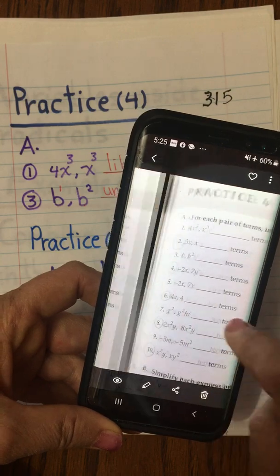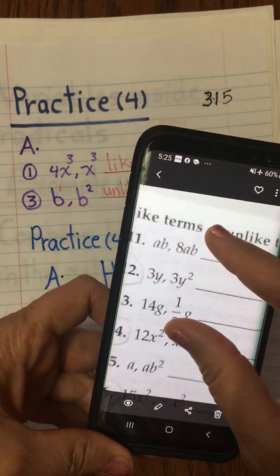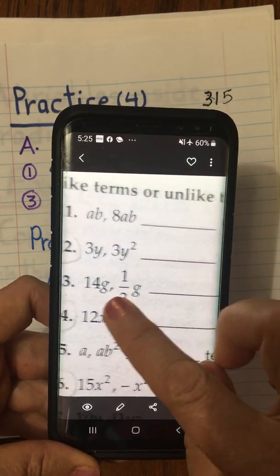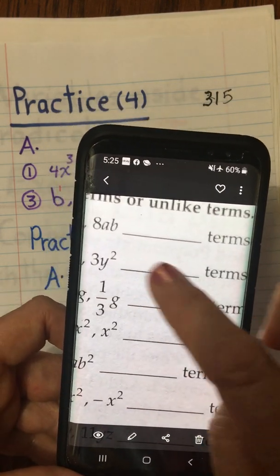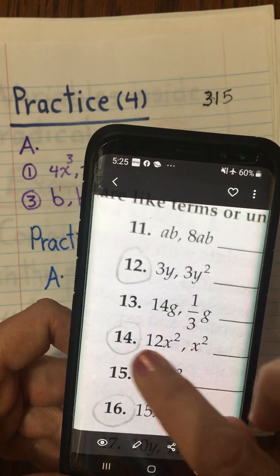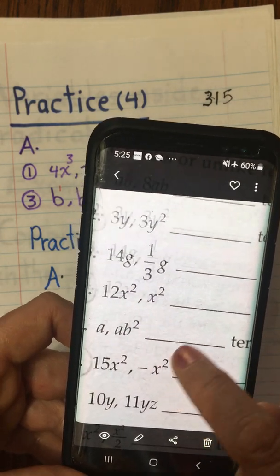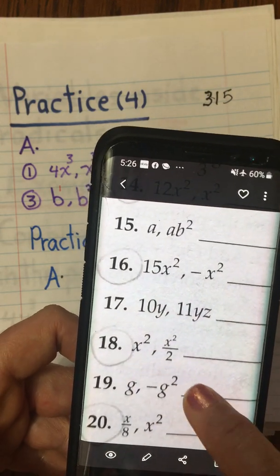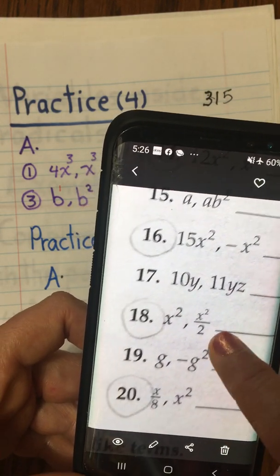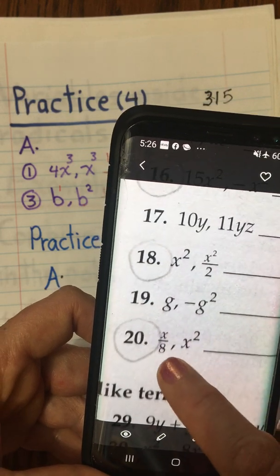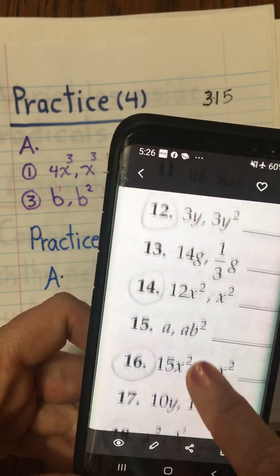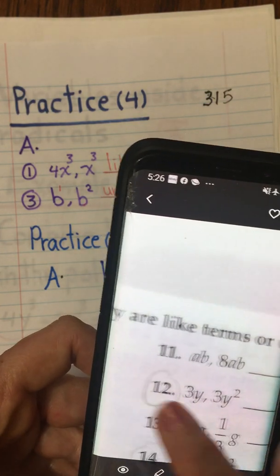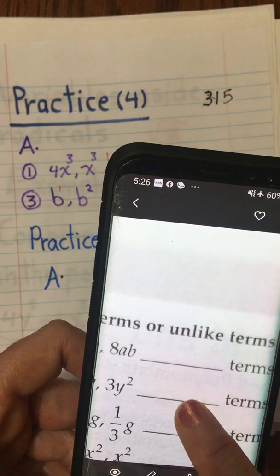And 12, write down like or unlike. 14 is your homework. 16, 18, 20. So these numbers are your homework, and find out if they are like terms or unlike terms.